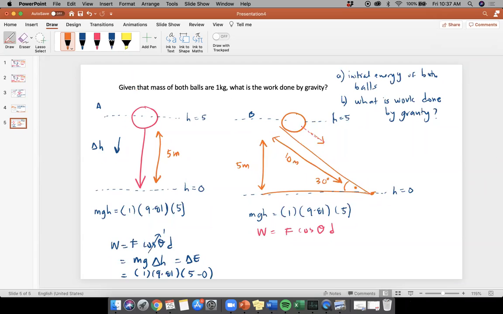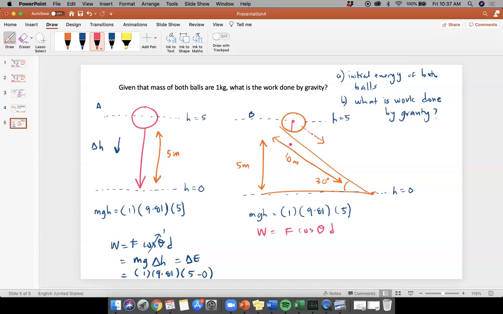So let's solve it with respect to the incline first. Solving with respect to the incline means I have to resolve my mg in this direction. Right? I'm only concerned about the parallel components. So my displacement and my force need to be in the same direction. Let me use pink.